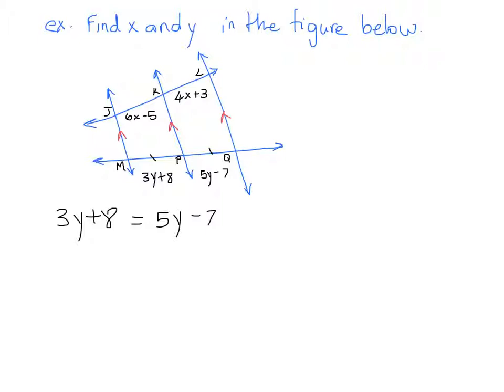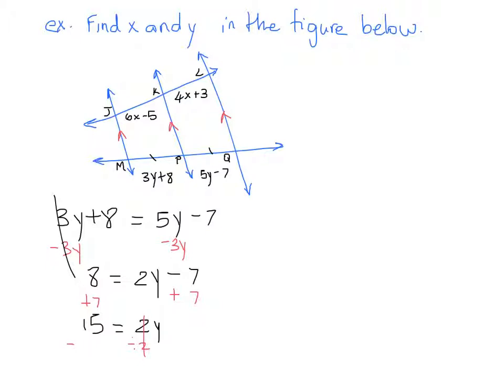So we can go ahead and take 3y away from both sides, and that will give us 8 equal to 2y minus 7. Now we can add 7 to both sides, and we get that 2y is equal to 15. And finally, we can divide both sides by 2 to isolate that y, and we get that y is equal to 7.5.